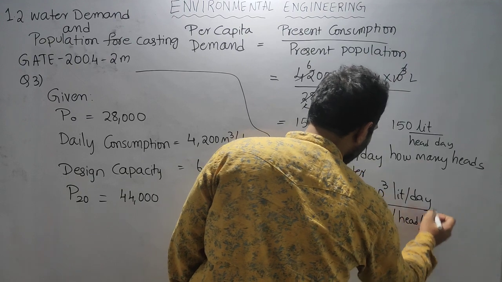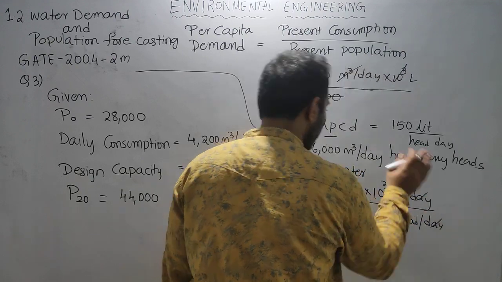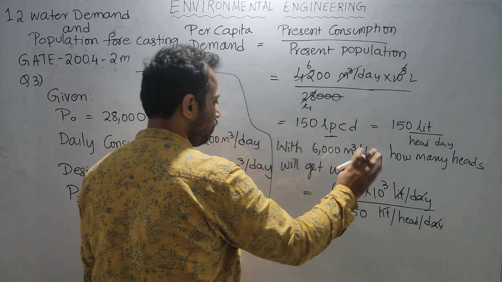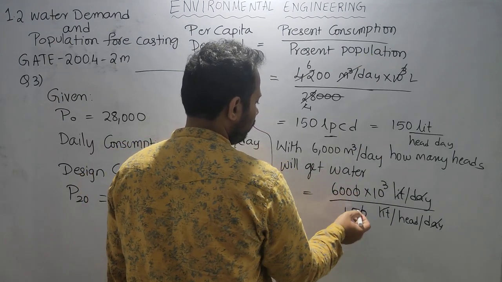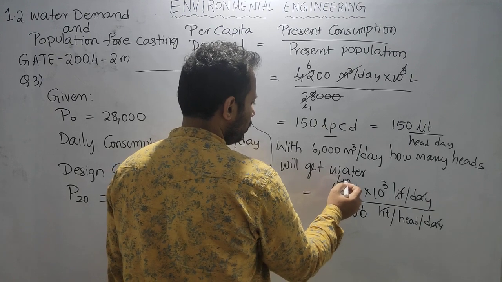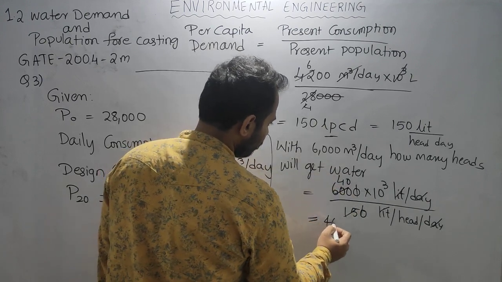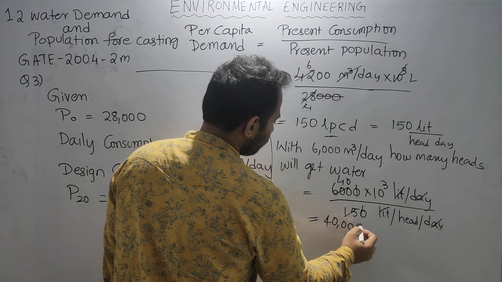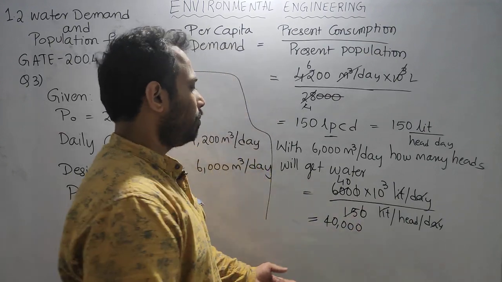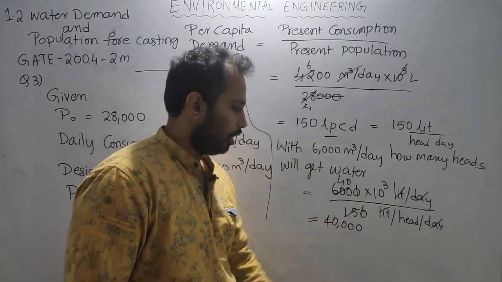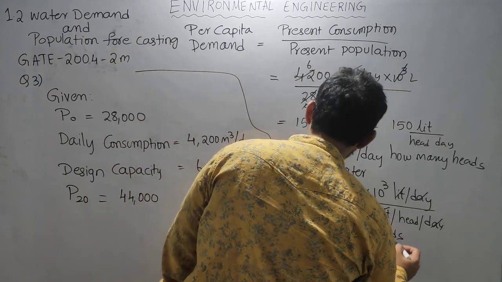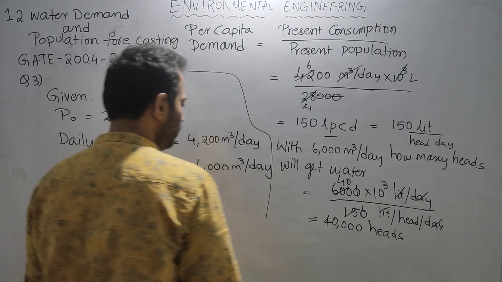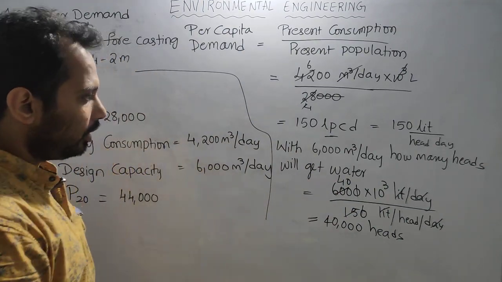So now day, liter will get cancelled, this head will go up. So this is number of heads. So 150, 15, 40s. So this is 40,000. So 40,000 is the total number of heads. 40,000 heads will get the water when the plant is running at its design capacity.